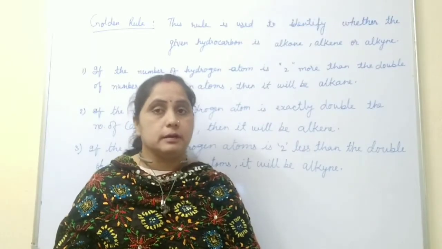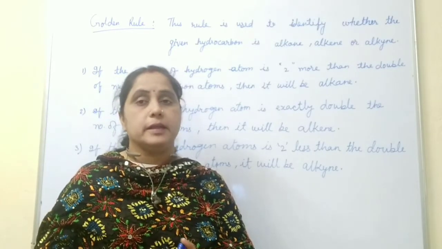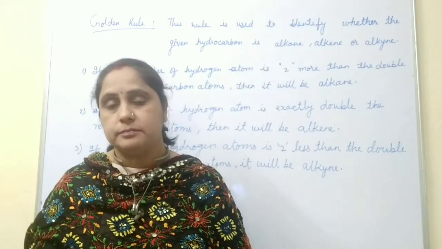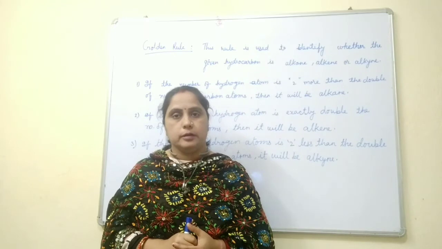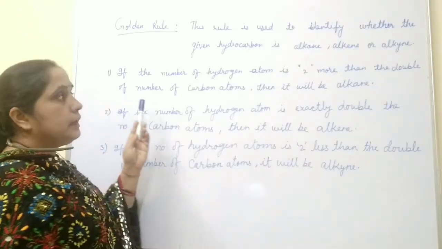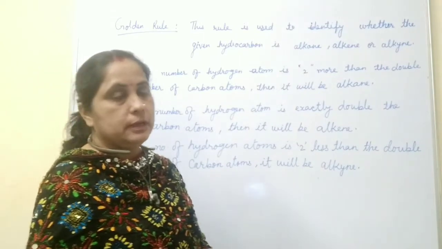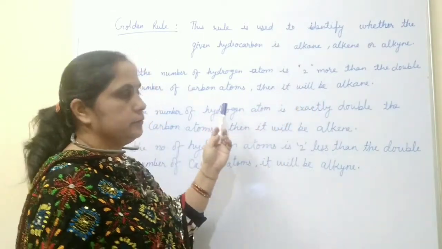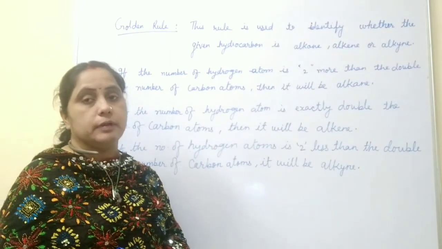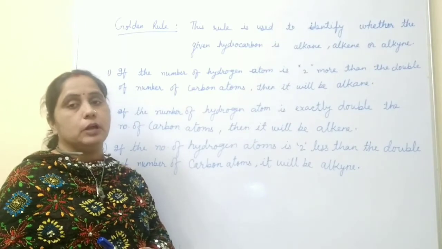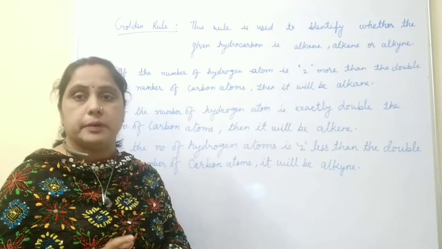Students, if a hydrocarbon is given, how can we identify whether it is an alkane, alkene or alkyne? By using the golden rule. In this rule, if the number of hydrogen atoms is 2 more than double the number of carbon atoms, then the given hydrocarbon will be an alkane, because the general formula of alkane is CnH2n plus 2.